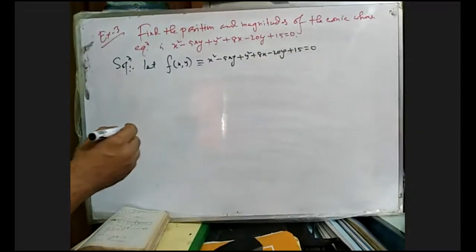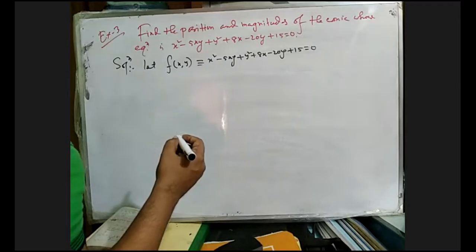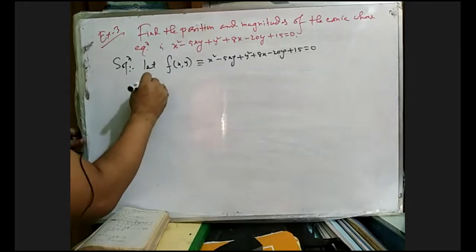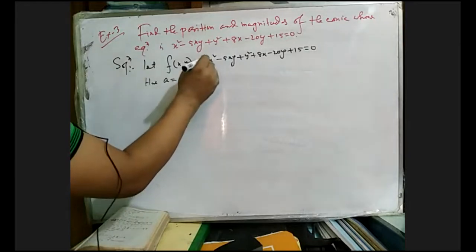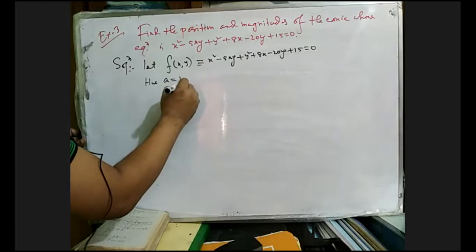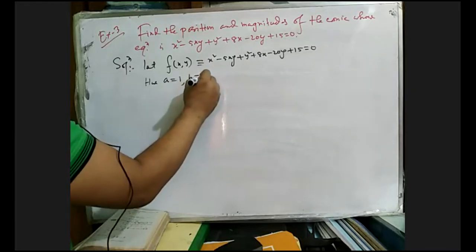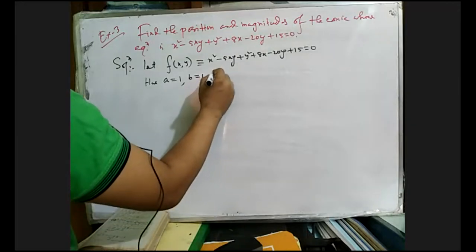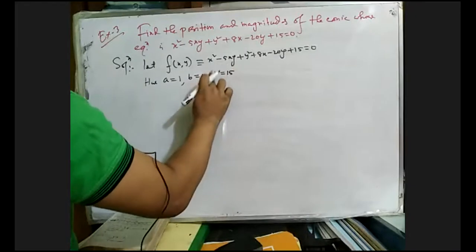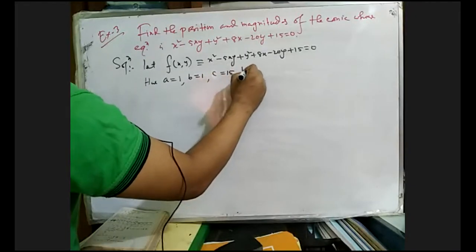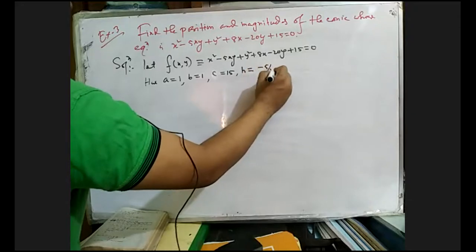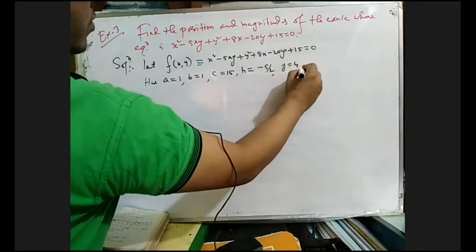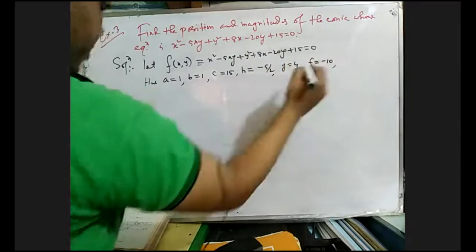By comparing with the standard form of the general equation of second degree, here a equals to 1, b equals to 1, c equals to 15, h equals to minus 5 by 2, g equals to 4, f equals to minus 10.